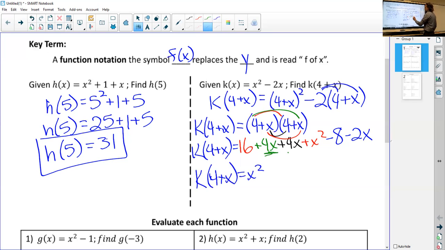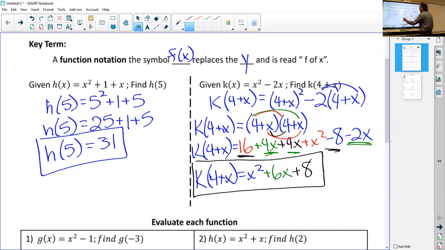So I've got 4x, I've got 4x, and then minus 2x. So 4 plus 4 minus 2 is 6x. And then I just have these constants here. So I have 16 minus 8, which is just 8. And that's what I'm left with.